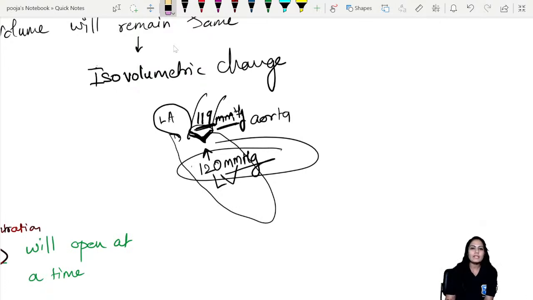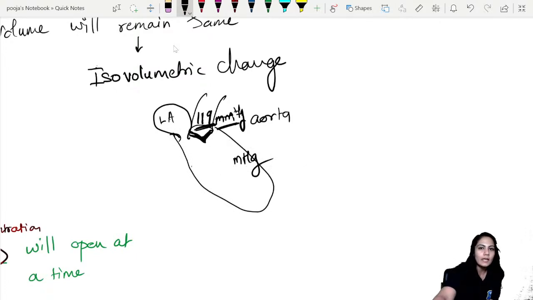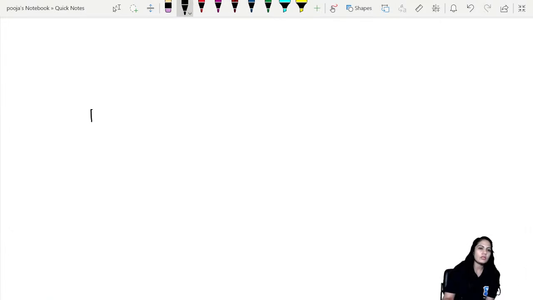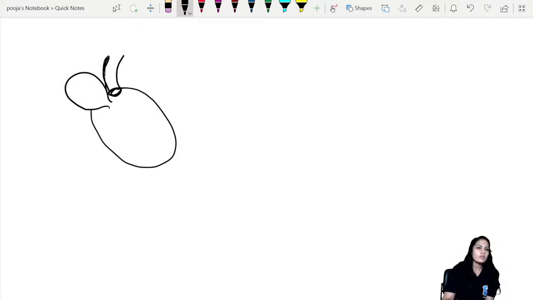First of all, we know what the pressure in the heart is, so let's draw that again. Suppose I'll just draw a simple one. This is the ventricle, this is the atria, and this is your artery. Suppose in diastole we have almost 0 mmHg pressure over here.